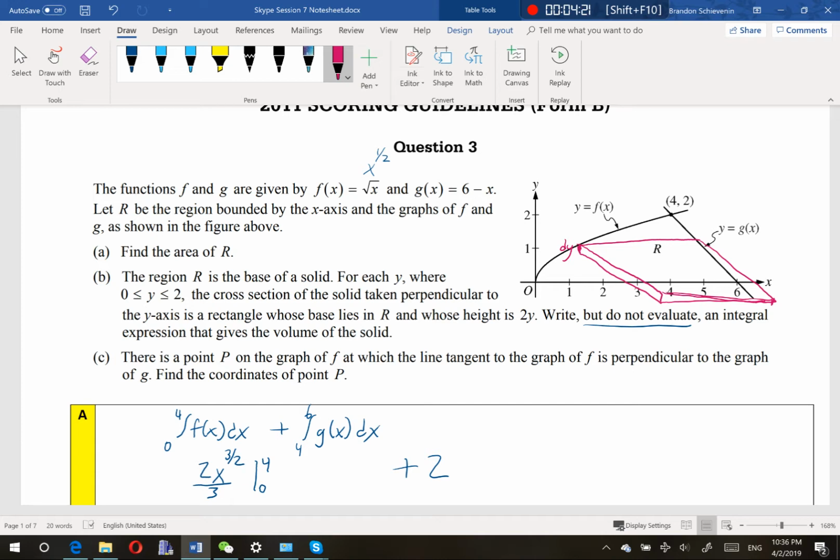That wasn't a terribly good rectangle, but you get the idea. So what will the length of this side be, the side that's in the xy plane?